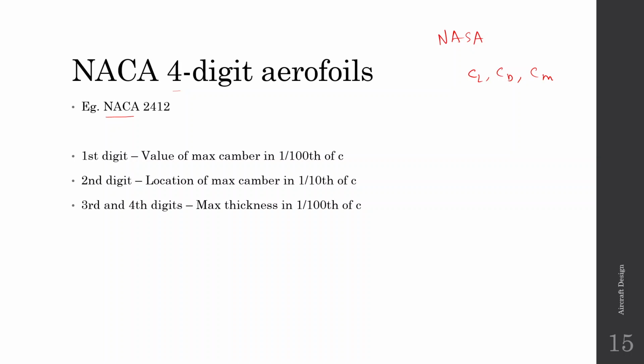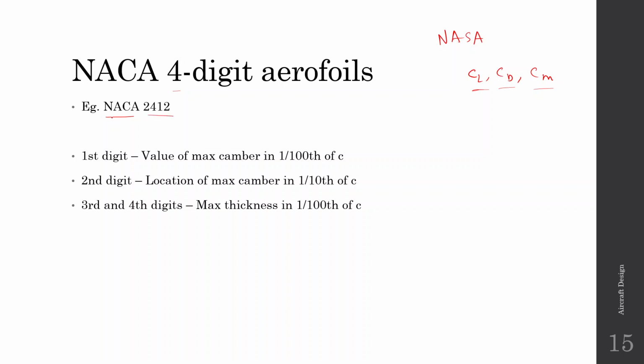NASA created a large database of aerofoil shapes and their corresponding properties such as CL, CD, and CM, and released this database in the form of these NACA aerofoils. Obviously, the first series is the 4-digit aerofoils, a huge list of aerofoils and the corresponding coefficients.